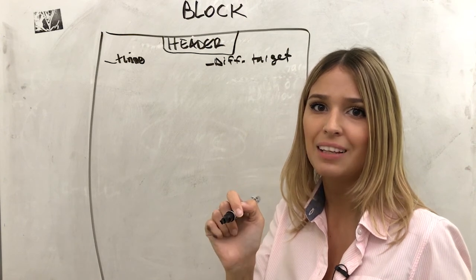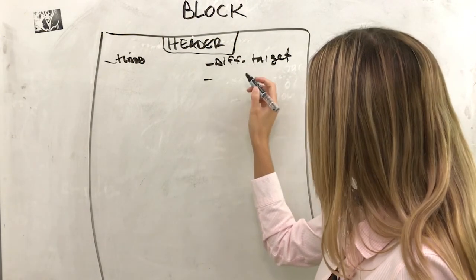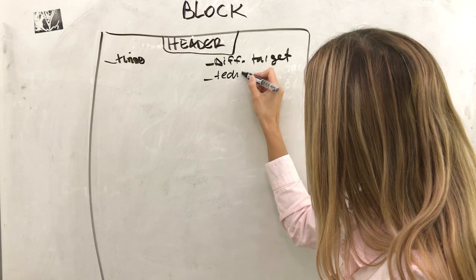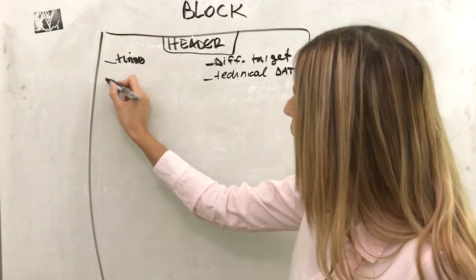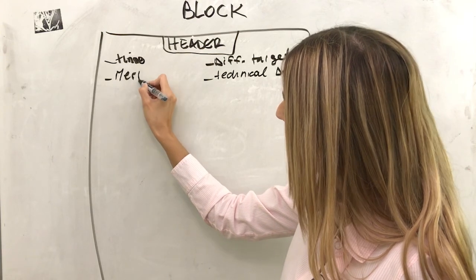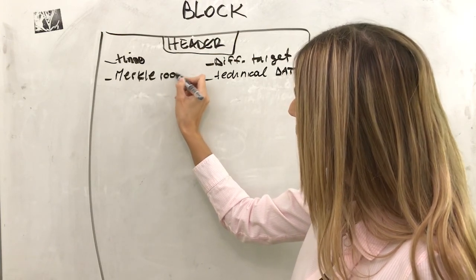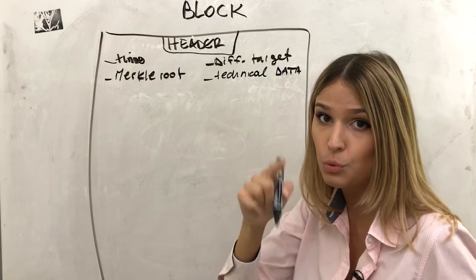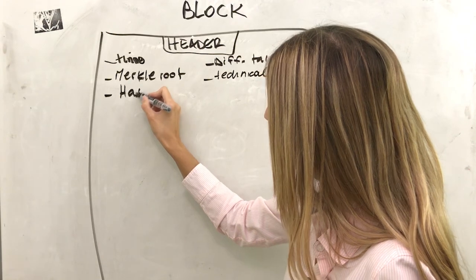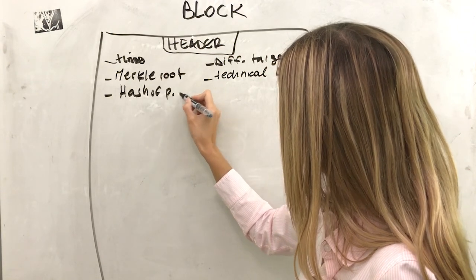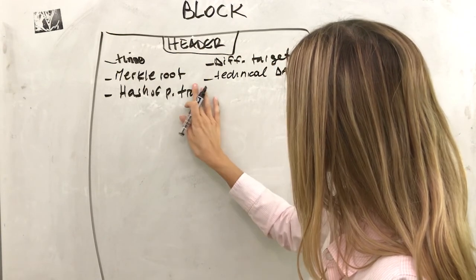You will learn that later in this video. We have some technical data as well. We have something called the Merkle root, which you're going to learn in a second as well. We have a hash of the previous block.